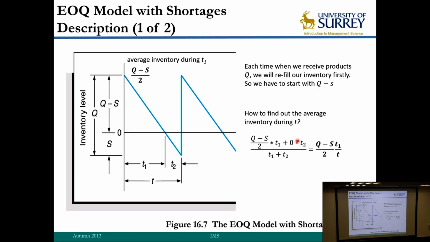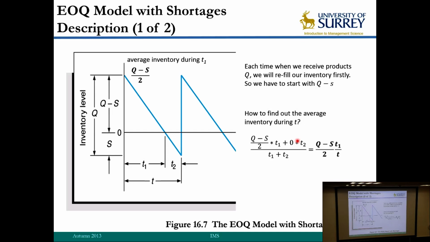So once we have all the inventories, we fulfill those requirements, and we deliver all the requirements from the customers we promised before, until we don't have any shortages. And then we replenish our inventories immediately. So that means if we allow S level of shortages, and every time we order Q, all we can add to inventory is Q minus S, because at the very beginning we have to refill the shortages from the market as the first thing.